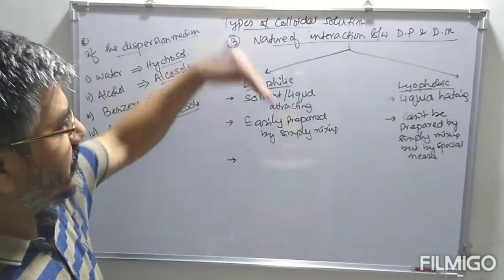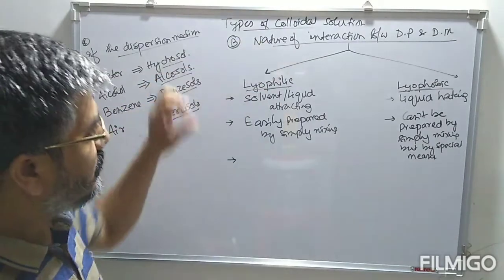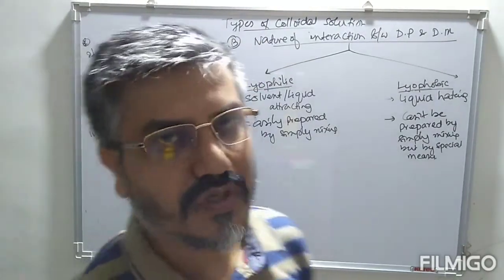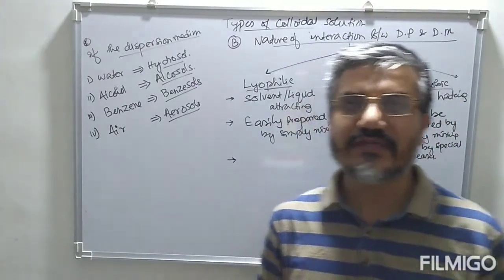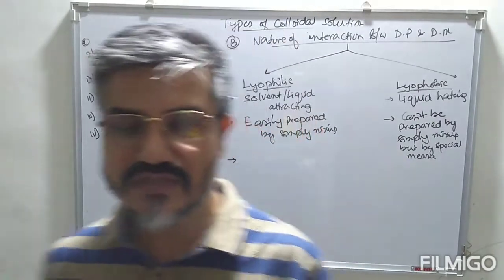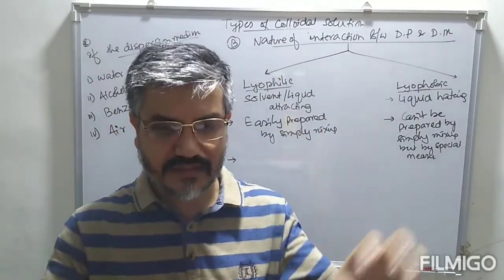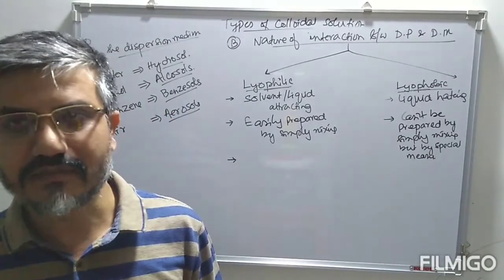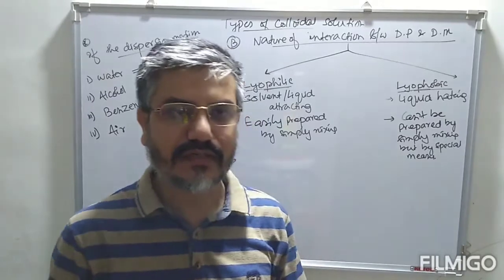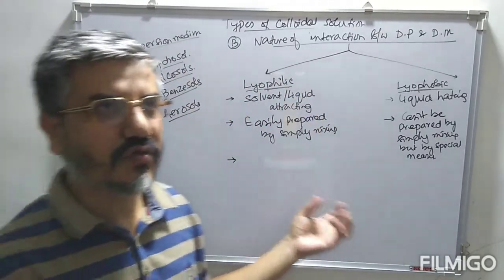Now coming to the next. Since these lyophilic sols can be easily prepared by mixing the two components, if by any means we separate the dispersed phase from the dispersion medium, then the two can be simply combined to give you the lyophilic sol again.